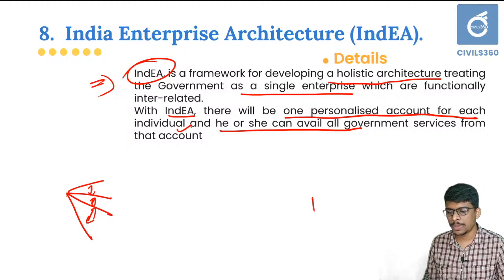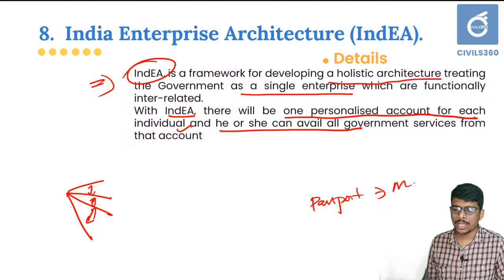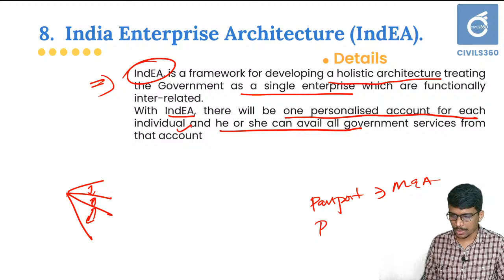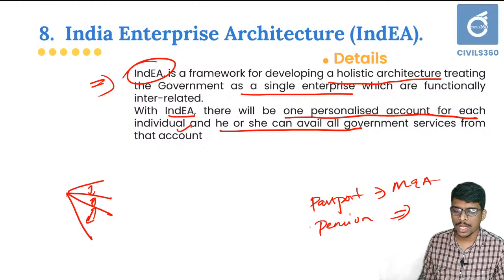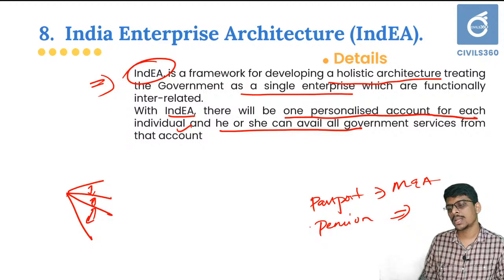For example, for a passport you will have an account in the Ministry of External Affairs, and if you want some other pension or something like that, you need to have your account in other sections. Instead of that, all will be added under one personalized account under India Enterprise Architecture.